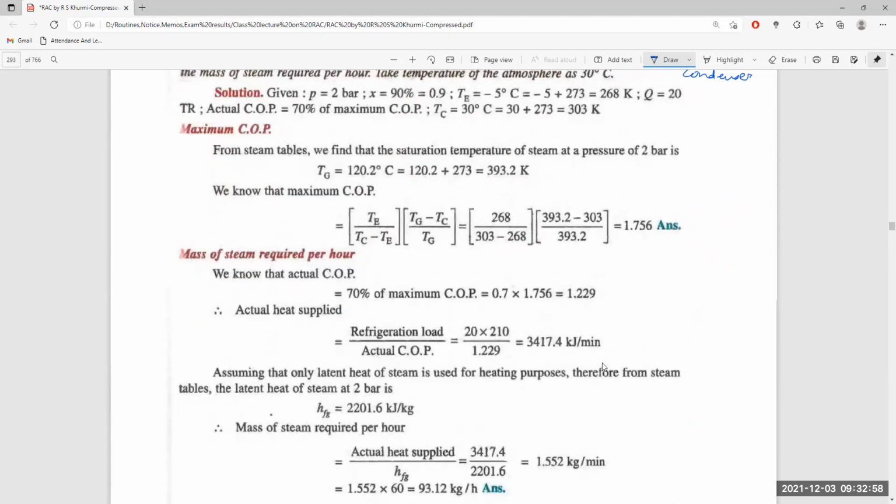The saturation temperature of the steam at a pressure of 2 bar is 120.2 degrees centigrade, which means 120.2 plus 273.